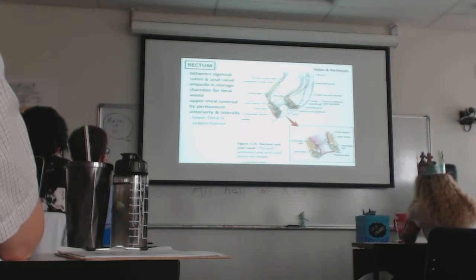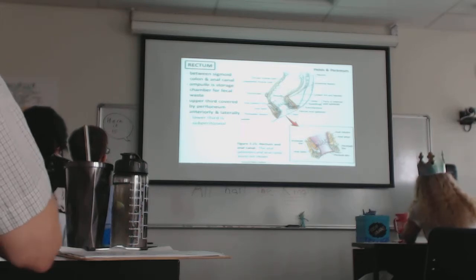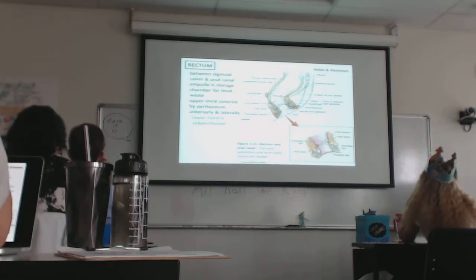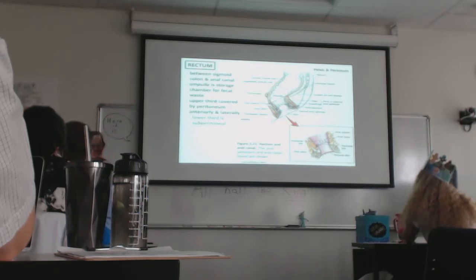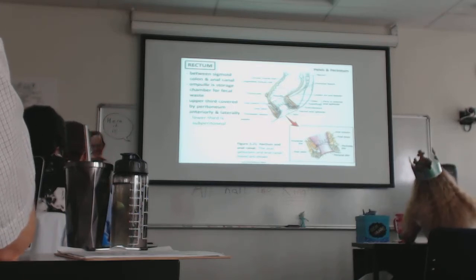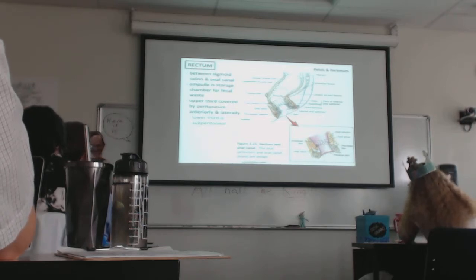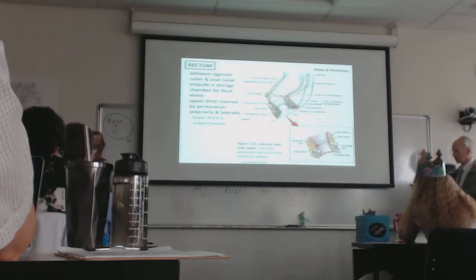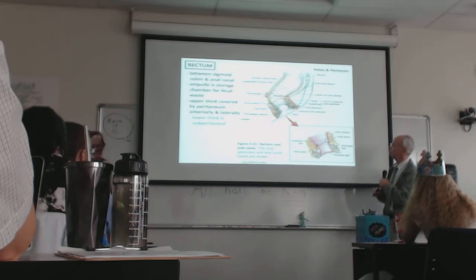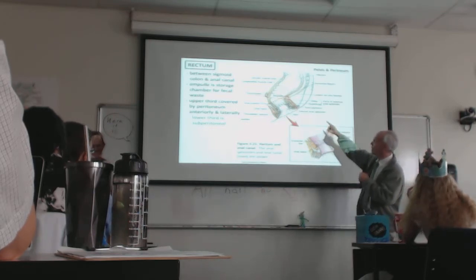So we've made our way down along the GI tract here. We're down at the genitourinary openings in the perineum. Here's the rectum up here. There's an interesting muscle here that sort of coincides with the external anal sphincter. We'll talk more about that in the physiology part of this class.